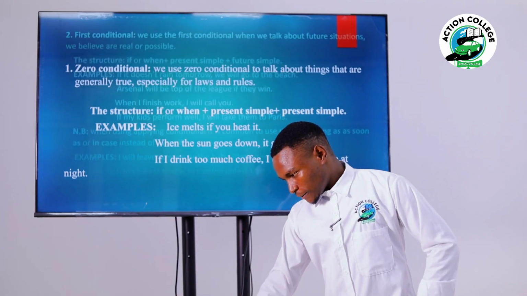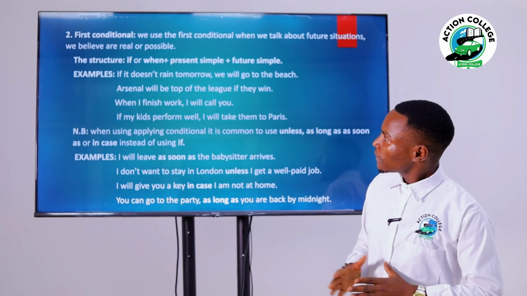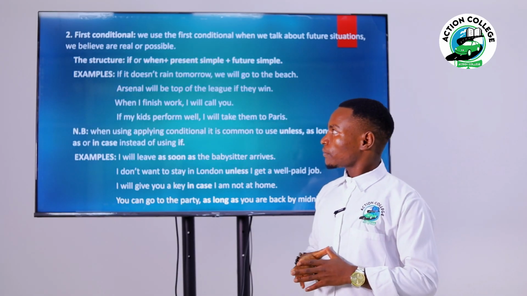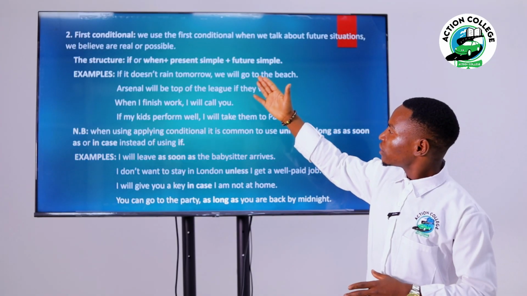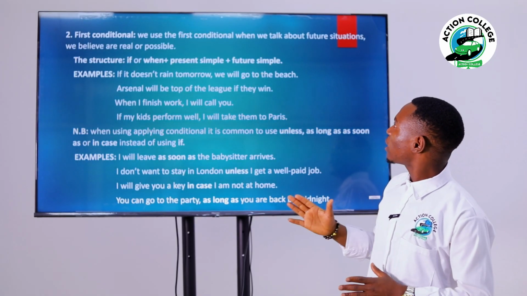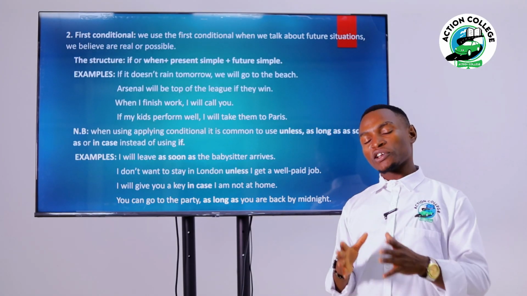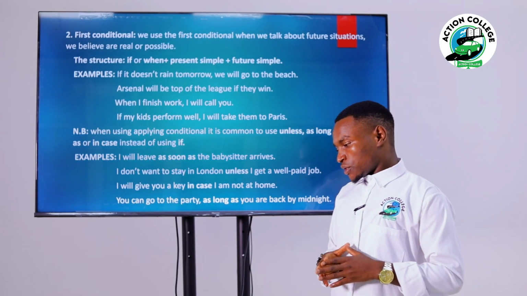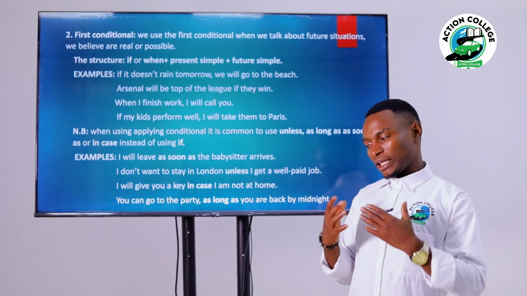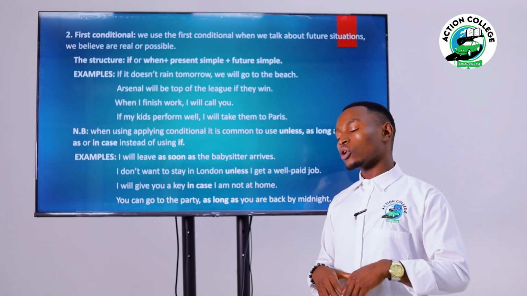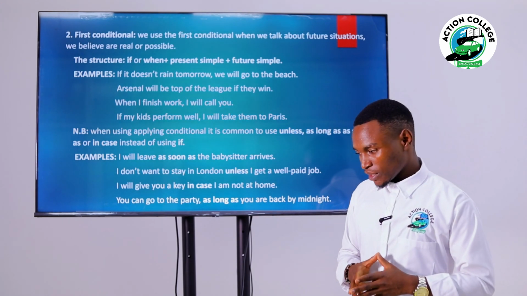So the second type is the first conditional. As you can see, we use this type when talking about future situations we believe are real or possible. So if you are talking about a situation you believe is real or possible, you need to use the first conditional.